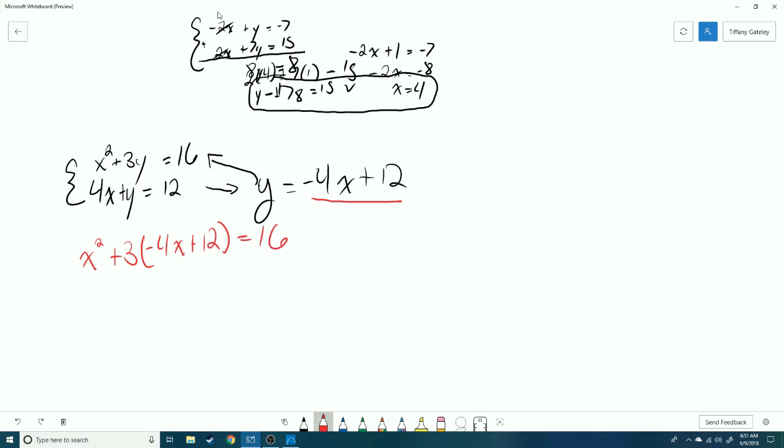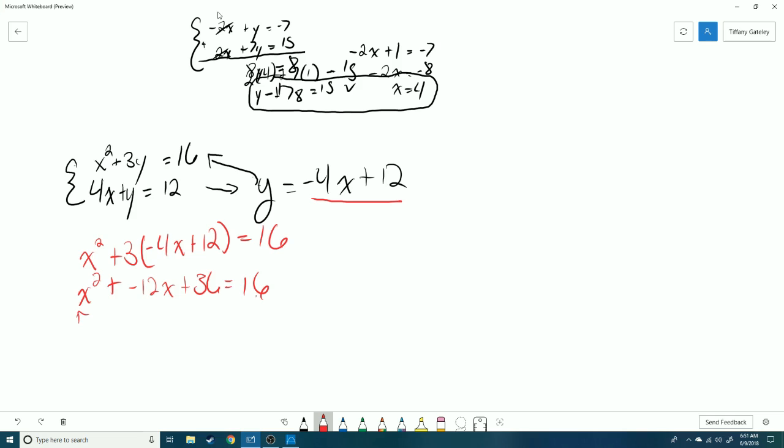And now we're just going to solve like a normal equation. So x squared plus -12x plus 36 equals 16. So now we're going to do some rearranging. Because of the x squared, we're going to have to factor.